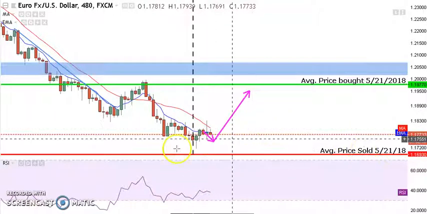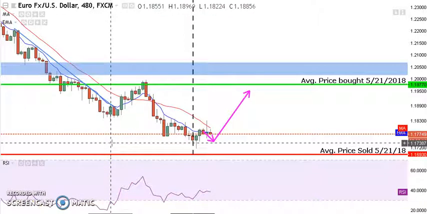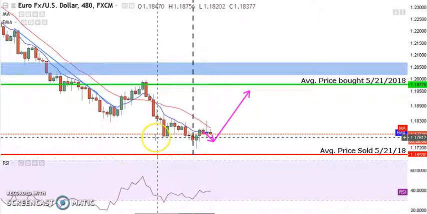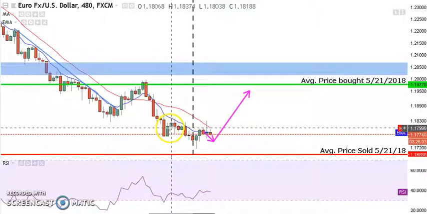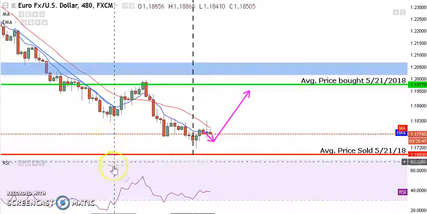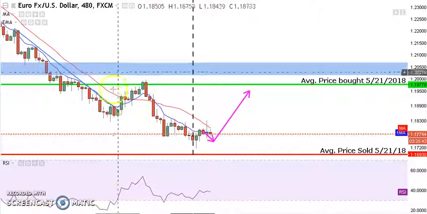Now I have everything, like the false higher lows, false lower lows, false higher highs, false lower highs. Everything ties together, whether it's with divergence on the RSI or the average price theory that I have.